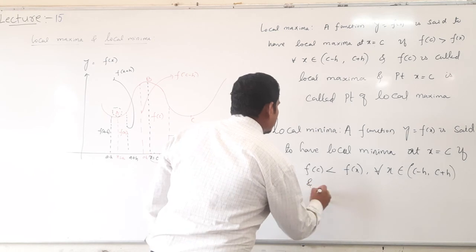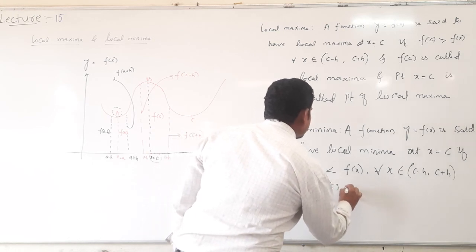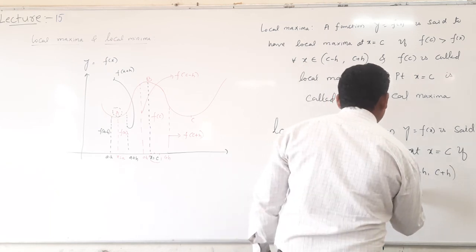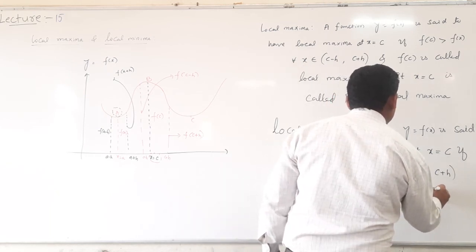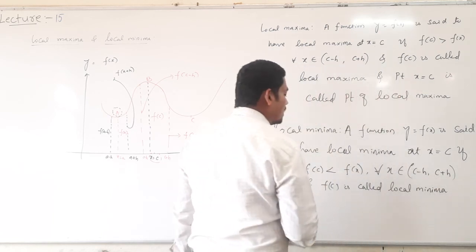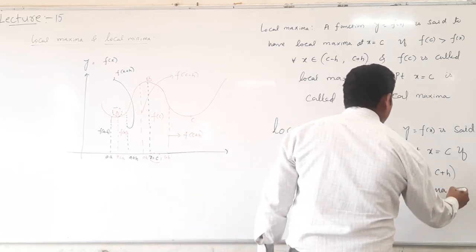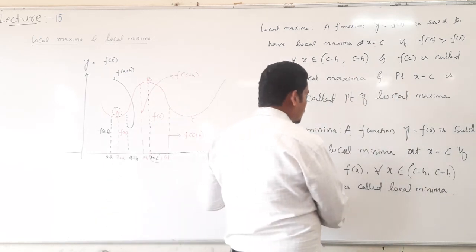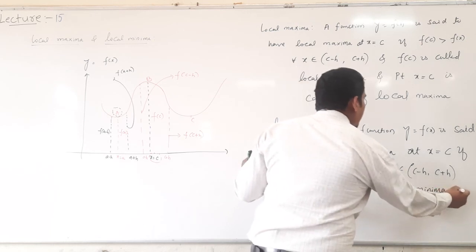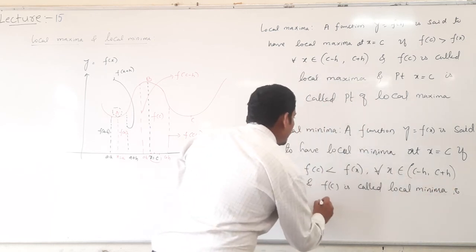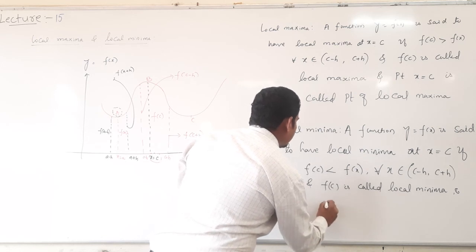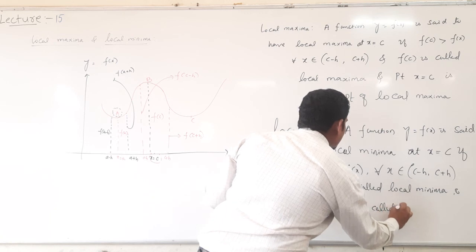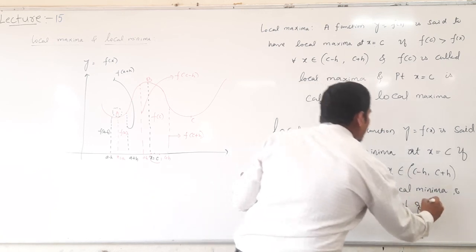and f(c) is called the local minima, and the point x equal to c is called the point of minima.